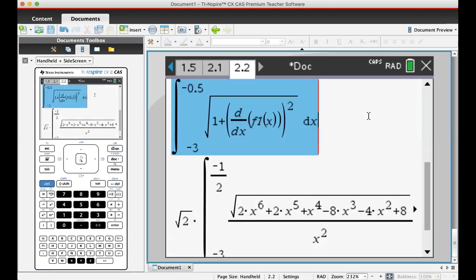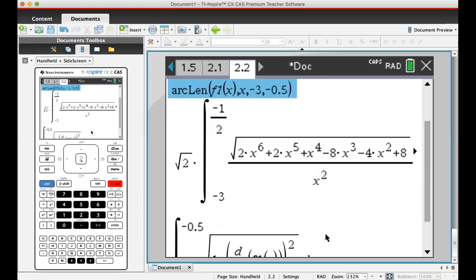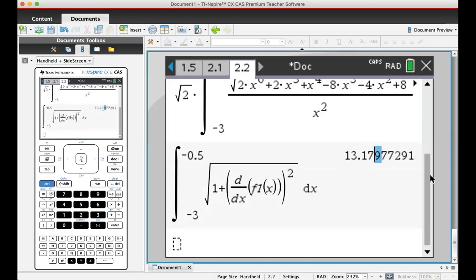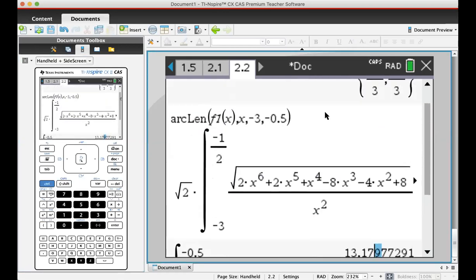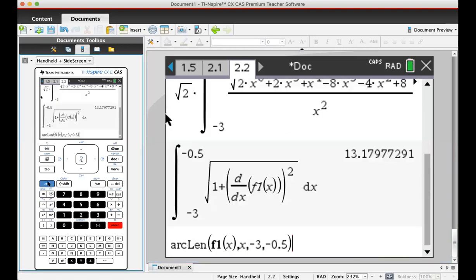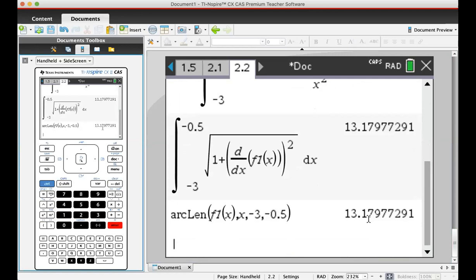So if I use that one and hit Control Enter, 13.718, round it up. Alternatively, I can just use this line here and hit Control Enter. Exactly the same thing. All right, answer obtained.